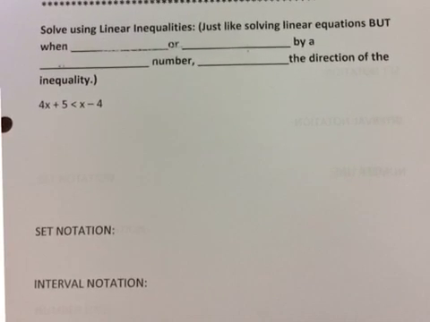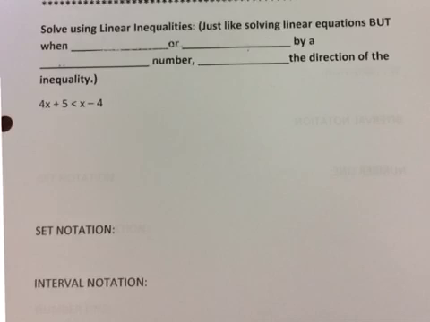Okay, so as we know from before, solving linear inequalities is just like solving linear equations, but when we multiply or divide by a negative number, we change the direction of the inequality.